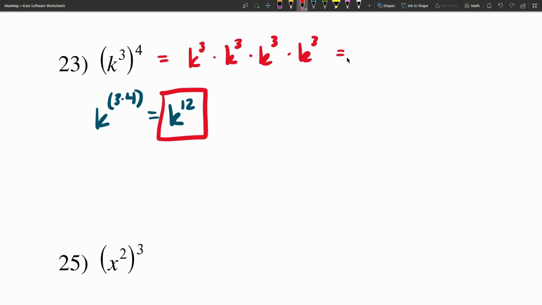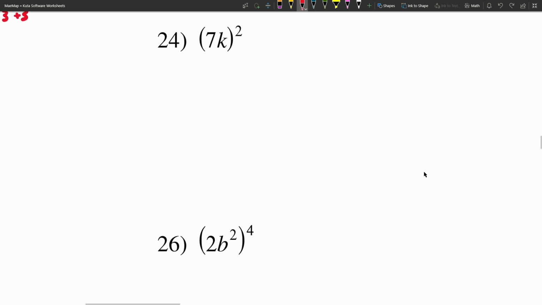What this then becomes, using our previous methods, since we have the same base, adding those exponents, k to the 3 plus 3 plus 3 plus 3. This is k to the 3 times 4, since we're adding 3 together 4 separate times, or k to the 12th.